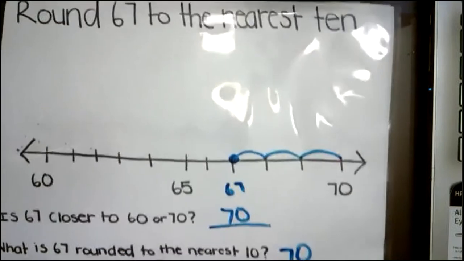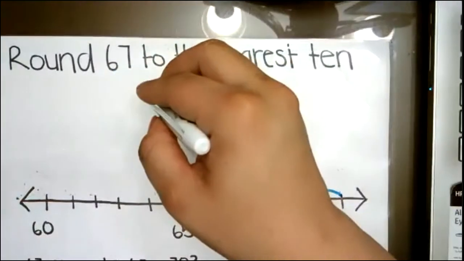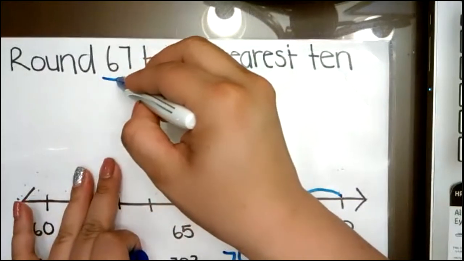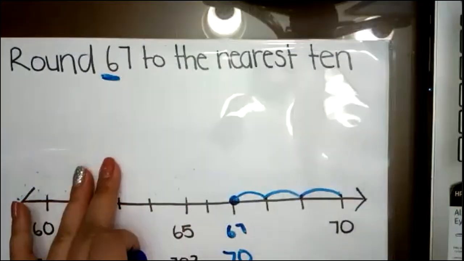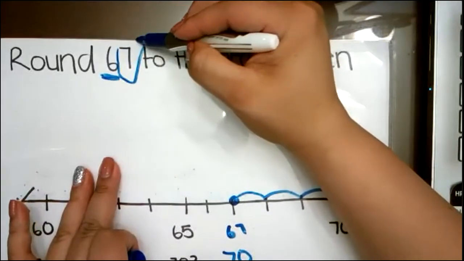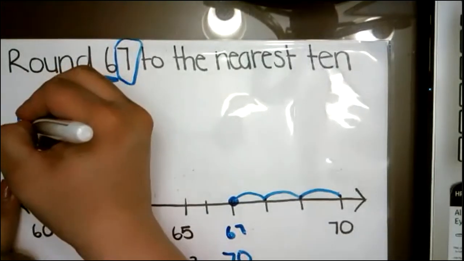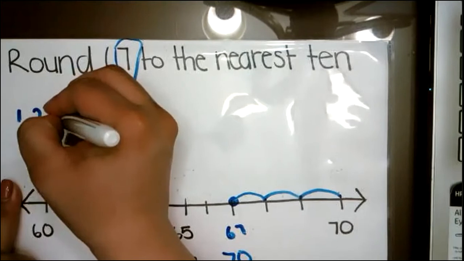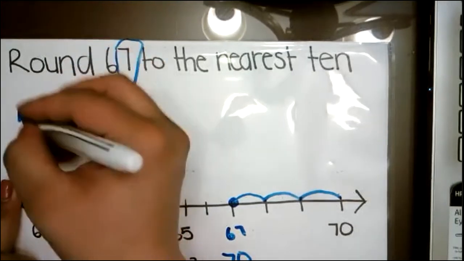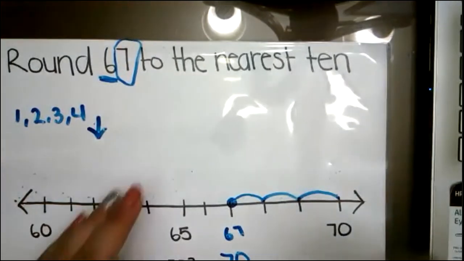Another way for us to check our answer: we look at our number 67, we underline our tens place, and we look over to our neighbor. If it's 1, 2, 3, or 4, that tells us we're going to round down.